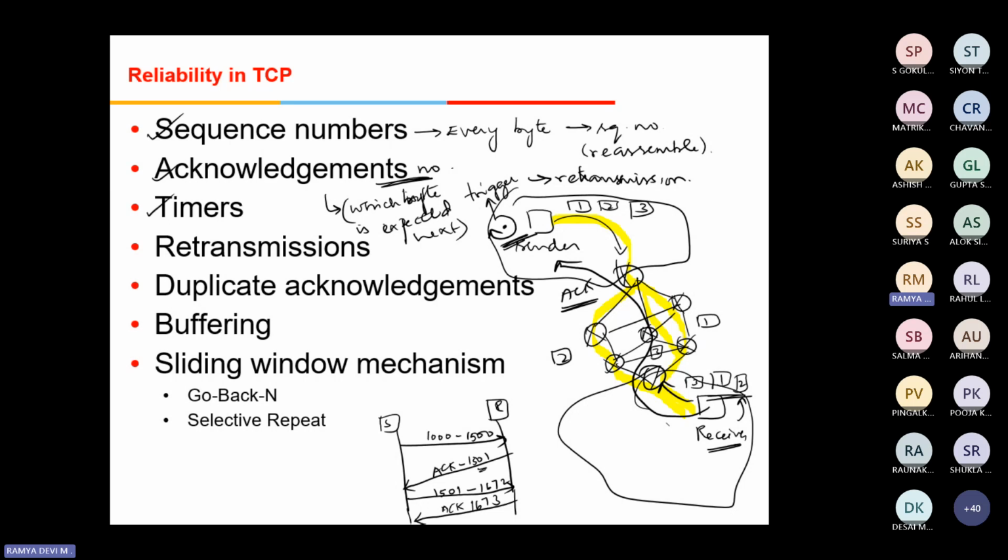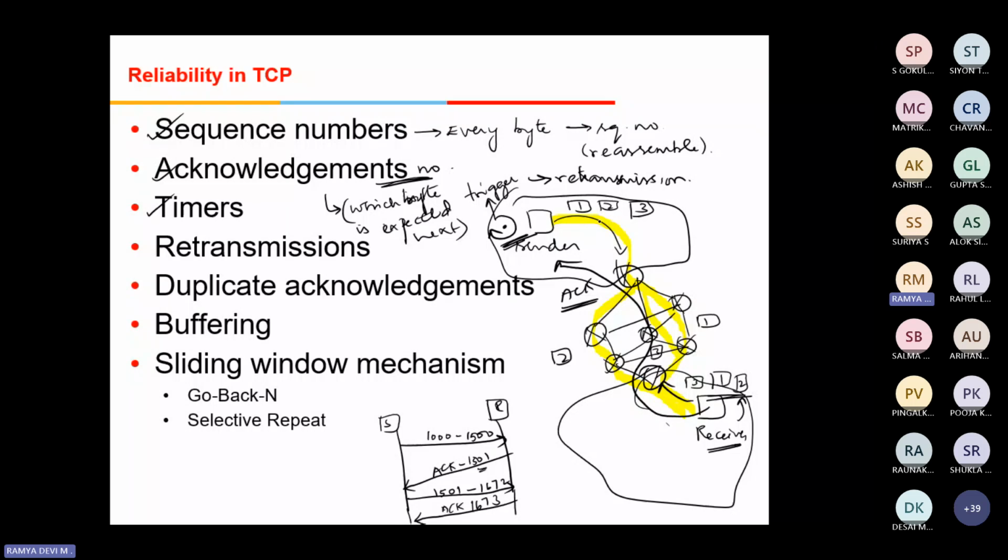The next one is the timer. TCP always uses a timer to detect packet loss. It will start the timer before sending the packet. Within the timer, if it gets the acknowledgement, it will send other packets which are buffered.